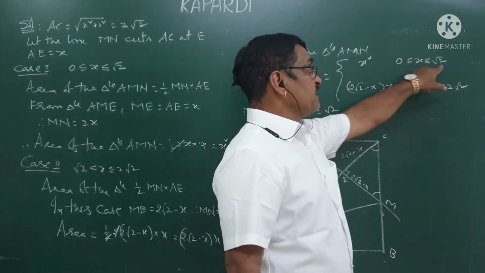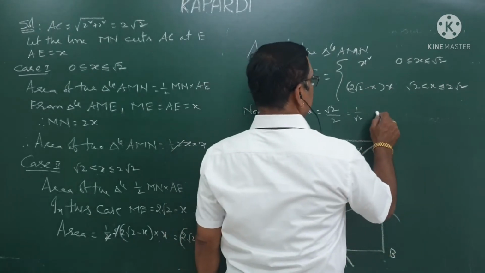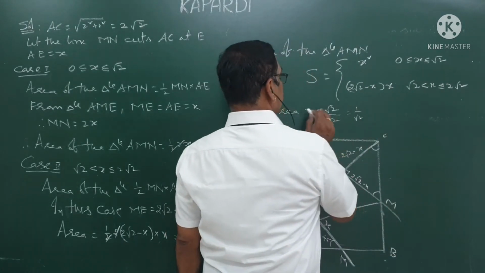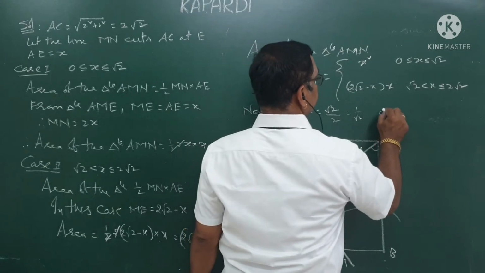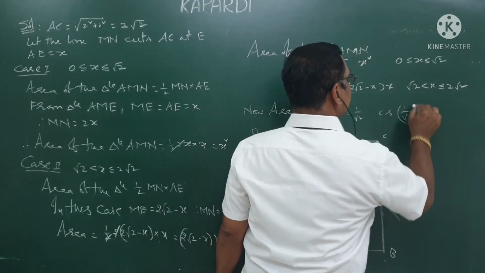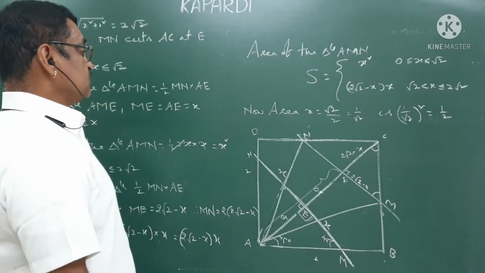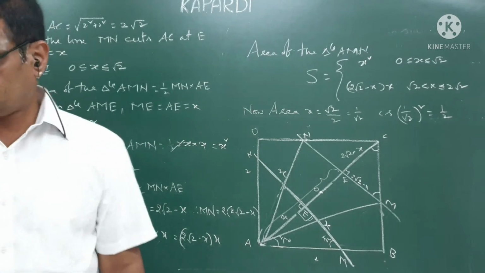So you have to go for this formula, at x is equal to 1 by root 2, that is x square. 1 by root 2 whole square is equal to 1 by 2. So we got the answer.